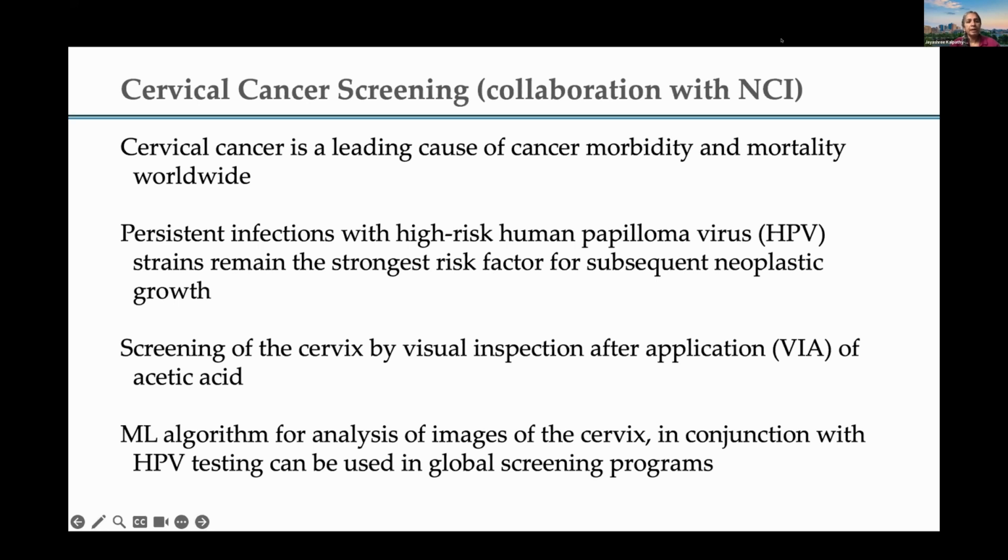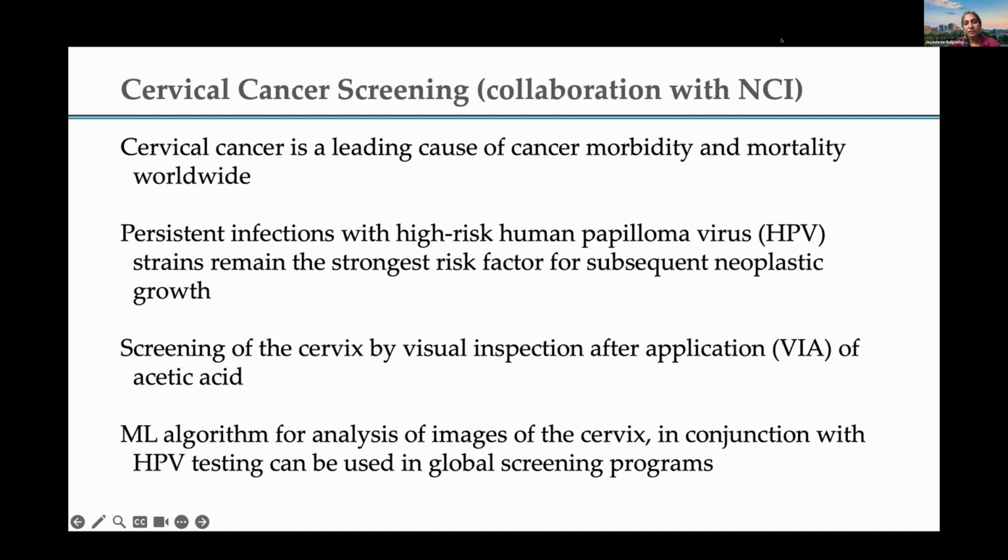In many low and middle income countries, the typical standard of care is to do visual inspection after the application of acetic acid. Although this is not recommended and has been shown to be not as reliable as we would like, it is still something that people continue to do in some parts of the world.